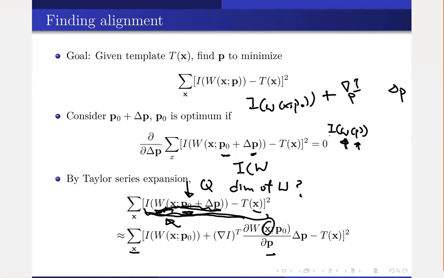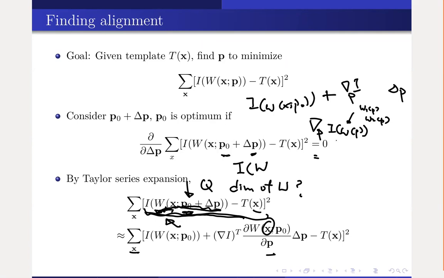So if I compute the gradient with respect to P here, it should be equal to the partial derivative of I with respect to, maybe I write it more precisely, W, because that's two-dimensional, right? So maybe I have W1(P) and W2(P) here.